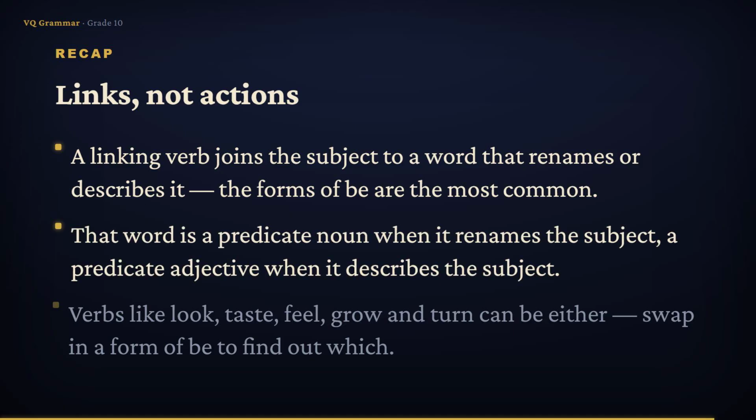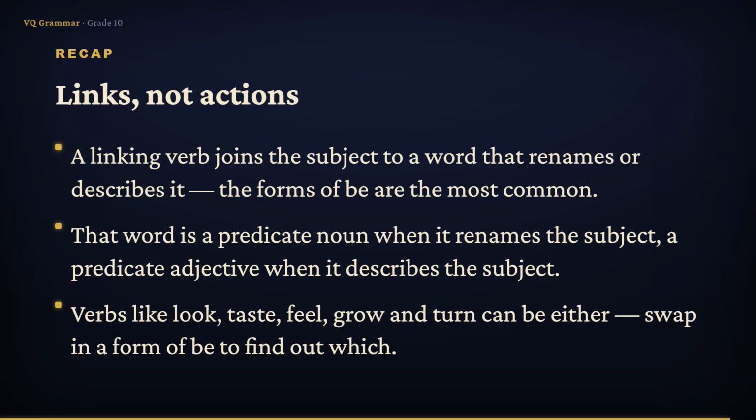It is a predicate noun when it renames the subject, and a predicate adjective when it describes the subject. And verbs like look, taste, feel, grow, and turn can go either way. So run the substitution test. Slip in a form of be, and if the sentence still makes sense, your verb is linking.